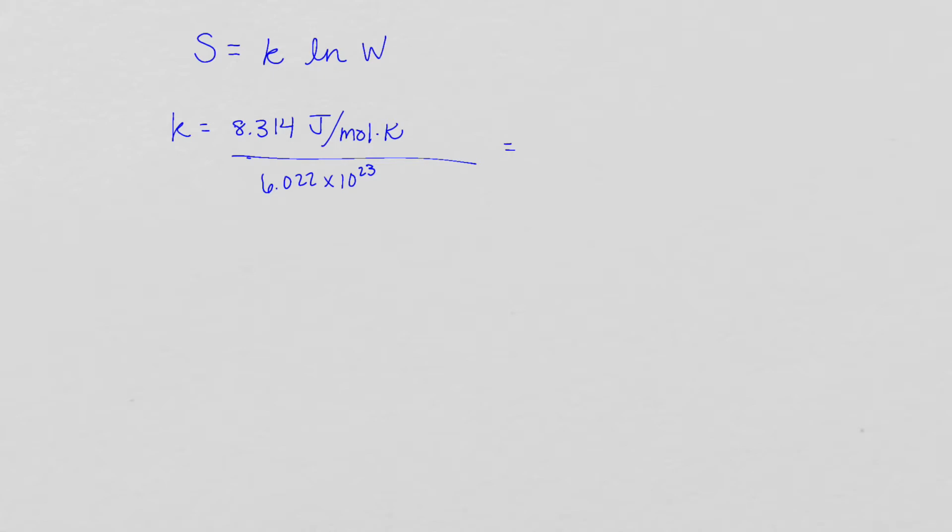So our Boltzmann constant is 1.38 times 10 to the negative 23rd joules per Kelvin.